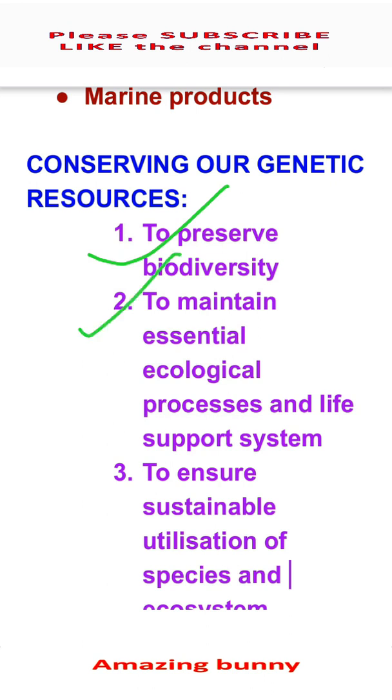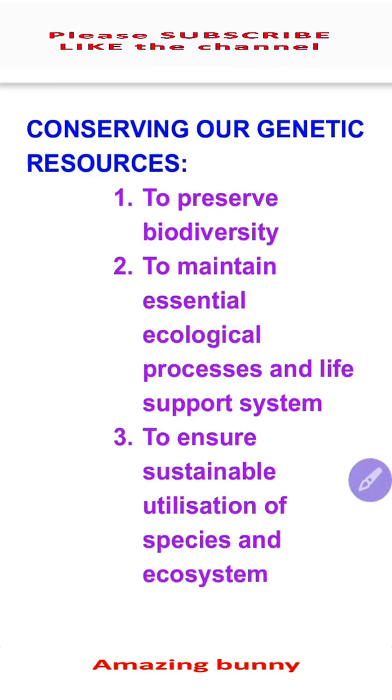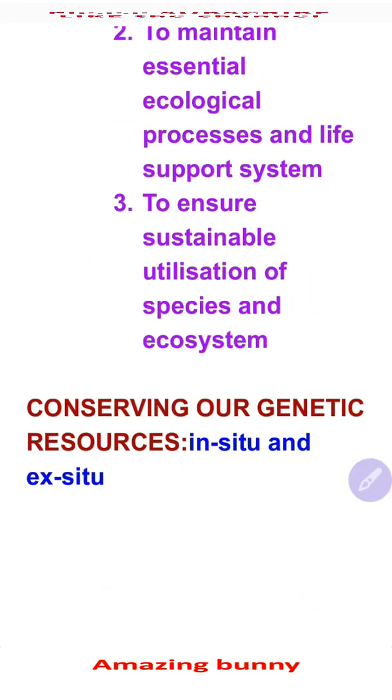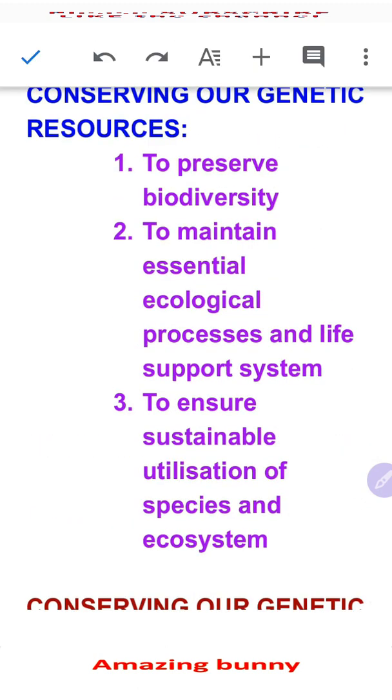Second is to maintain essential ecological processes and life support systems. And the third one is to ensure sustainable utilization of species and ecosystems. It means that when we conserve our genetic resources, we are ensuring for our future generations a sustainable utilization of species and ecosystems. So these 3 are the main points under conserving our genetic resources.